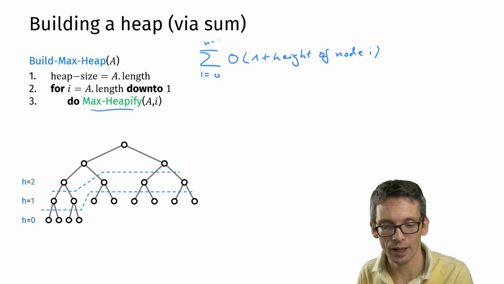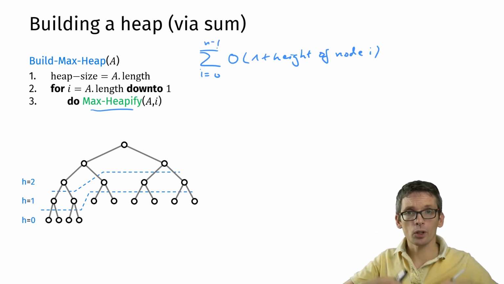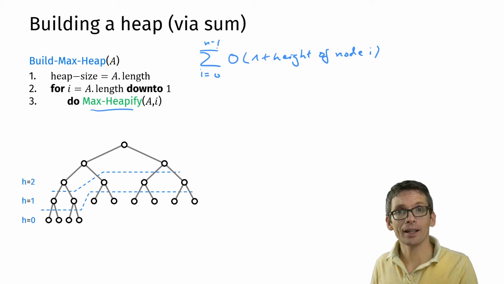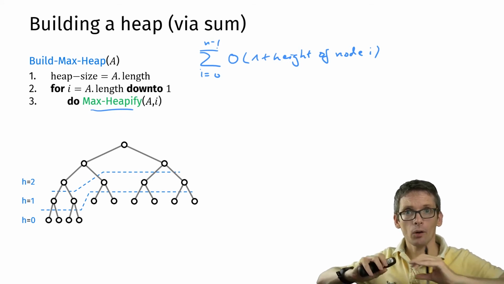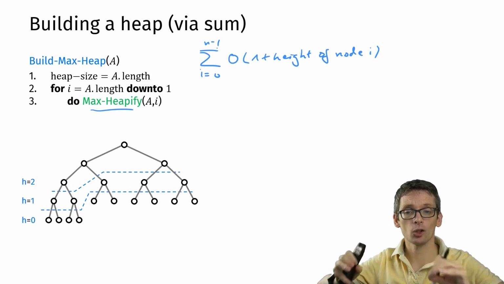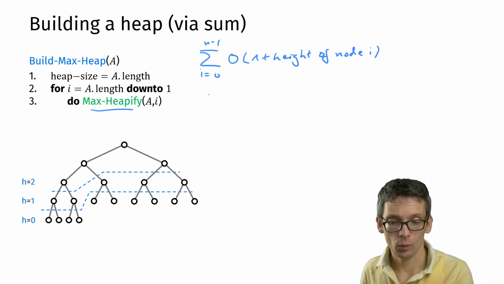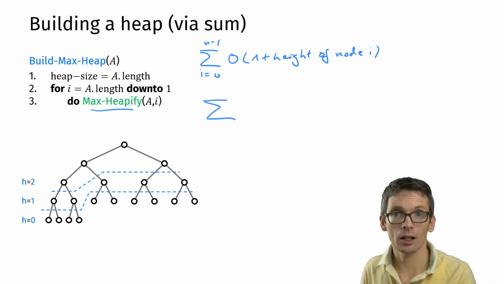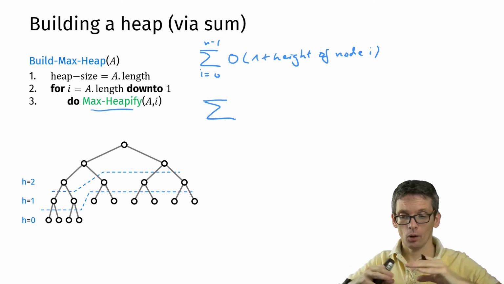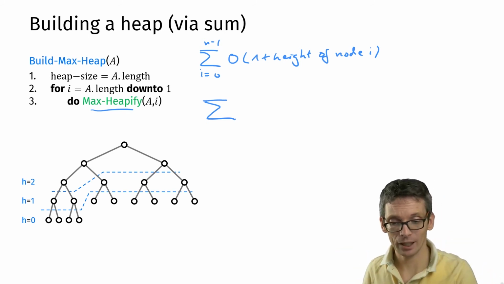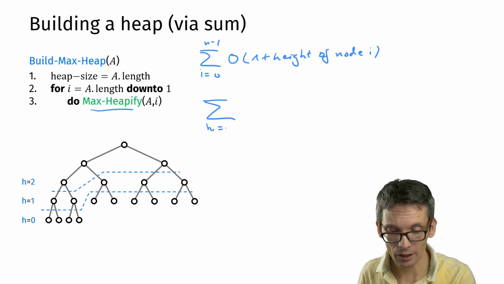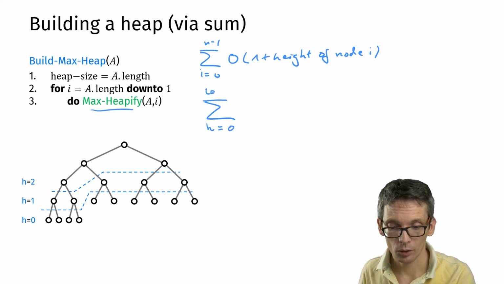I goes from 0 to n minus 1. So this is what we want to sum up. We're now going to sum it up first by taking all height 0, then height 1, height 2, and so on. Instead of summing node by node, we do all nodes of one height, then all nodes of the next height, and so on. So the height now goes from 0 to log n.